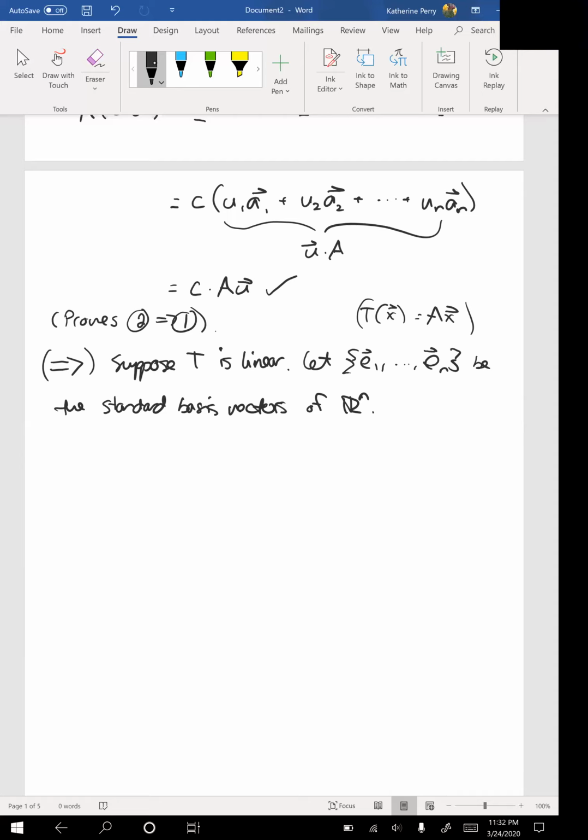And remember, kind of off to the side, and I'll erase this in a second, that E1 was equal to 1 in the first entry, zeros in all the others, and E2 would have had a 0 here, but a 1 there, and so on.